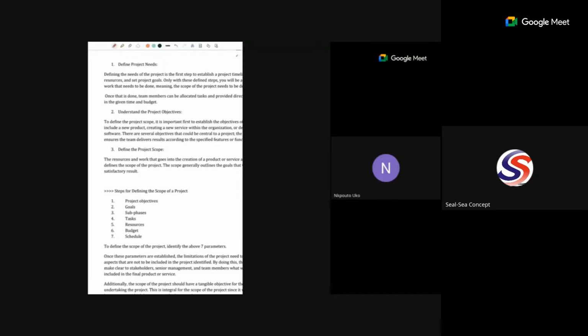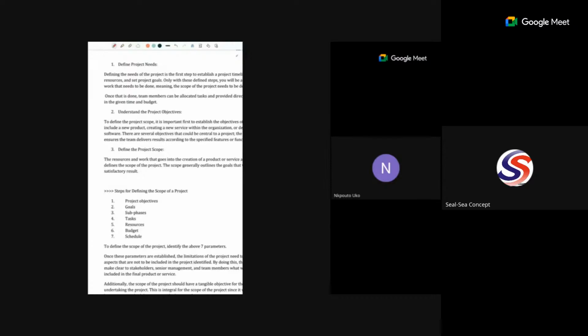When I was talking about the project needs, I explained that what you are thinking about the needs of your project in terms of the time frame, in terms of the resources, in terms of the budget, that's the cost. So that's the needs of the project. But clearly, this is talking about the objectives of the project. What will your project do? The end result of your project, what is it? What do you intend to achieve by carrying out this project? That is what the second process is addressing.